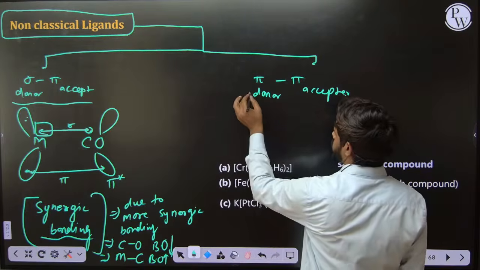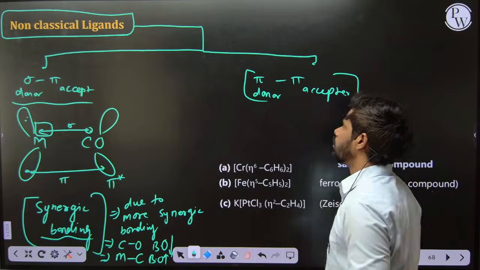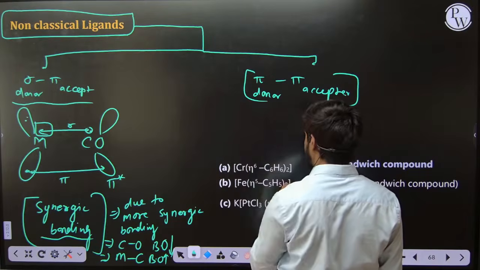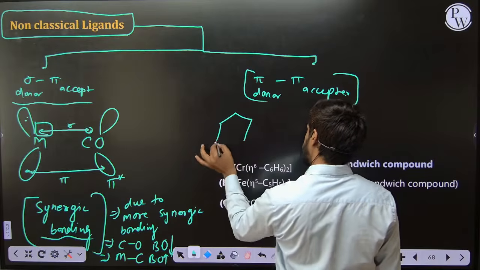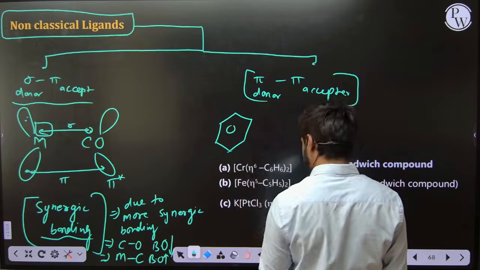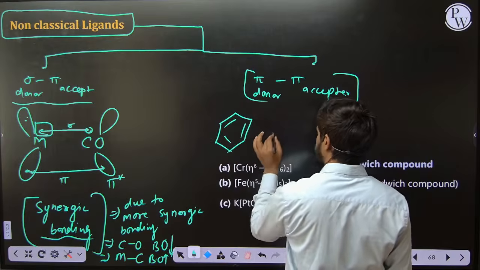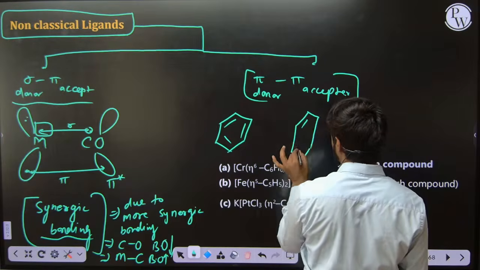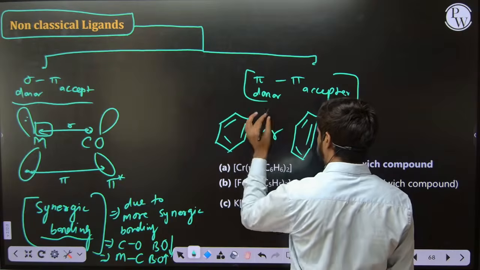Next, it is a type of ligand that is a pi donor and pi acceptor. In case of ligands like benzene, which has pi electron density, it can be donated to the chromium, for example.